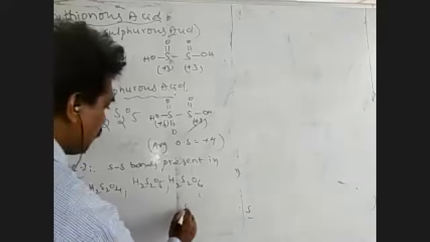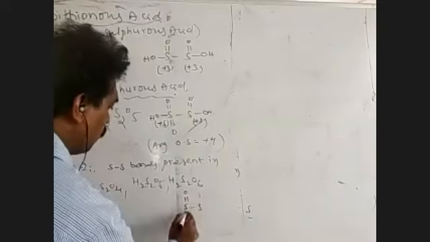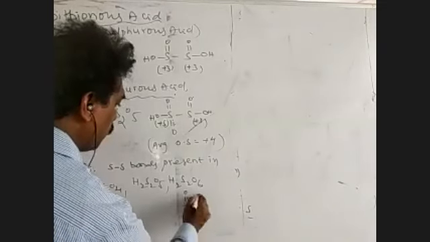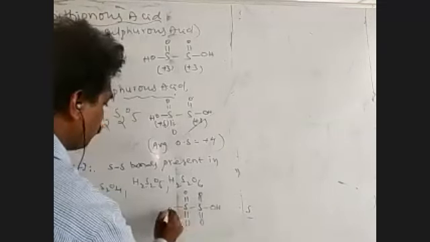H2S2O6 belongs to the thionic acid series only. So S-S bonds are present in H2S2O4, H2S2O5 and H2S2O6. H2S2O6 means S and S single bond, double bond O, double bond O, double bond O, double bond O, OH. This will be discussed in the thionic acid series only.